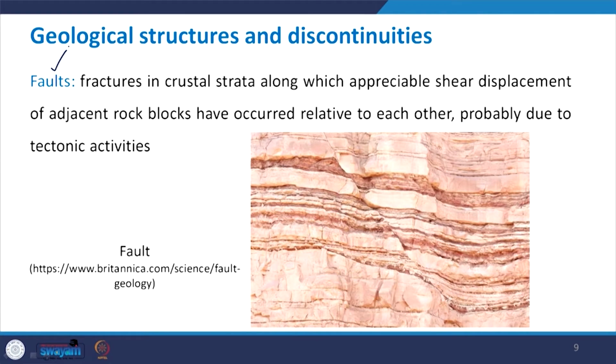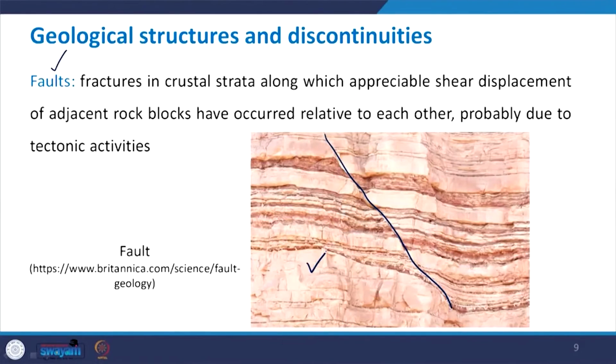Here is a picture which shows very clearly the fault. Can you see that? This is the fault plane, and you can see that along this the shear displacement of the adjacent rock blocks, that is this block and this block, has taken place. Like you see, it was at this location and has come to this. So, this much has been the displacement.